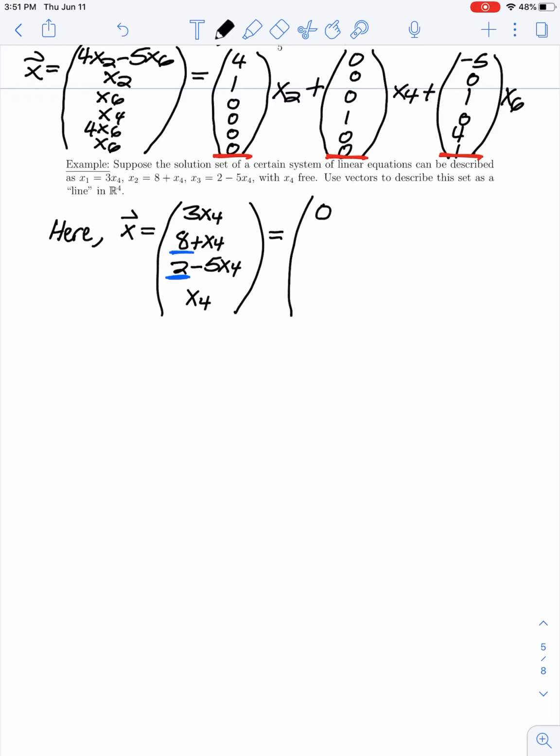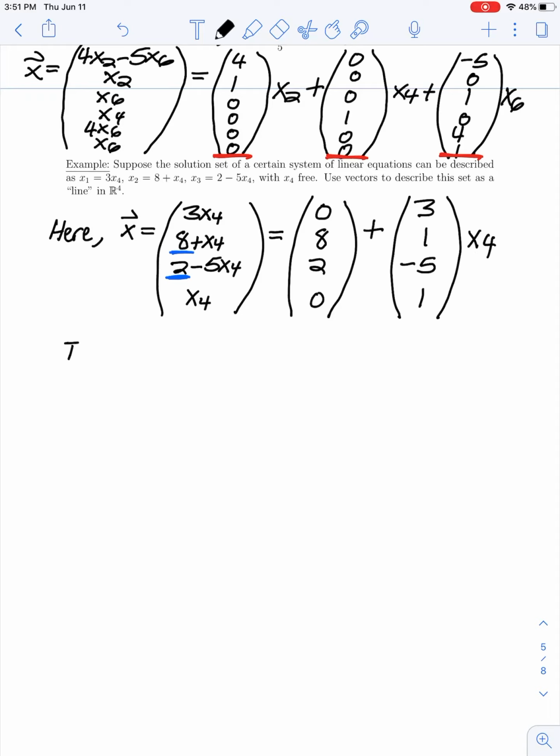The constant terms from each of x1 through x4 would be 0, 8, 2, and 0. And then we are adding to that the following. We have the coefficients of x4, which were 3, 1, -5, and 1, all times x4.